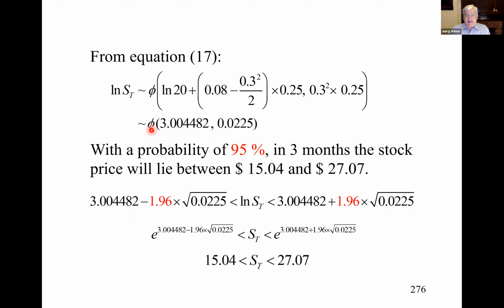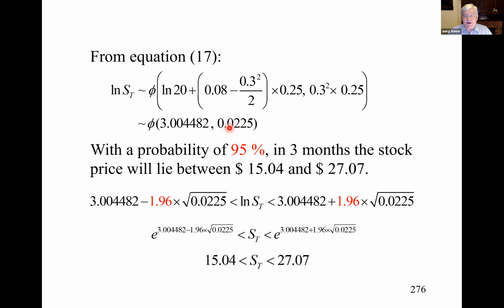Now, the 95% confidence interval, if you have the normal distribution, that's naturally plus minus 2 times the standard deviation. So exactly 1.96, but roughly 2. So that's what you have from the tables of the normal distribution. Here now I need the standard deviation. So that's a variance, remember, that's a variance.